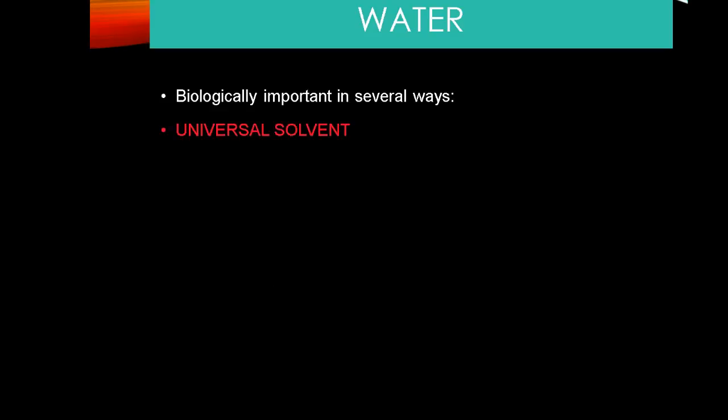Water, we know, is very important, and the characteristic of water that we want to talk about first is that water is a universal solvent, and we know that universal solvent means that it is able to dissolve just about anything.